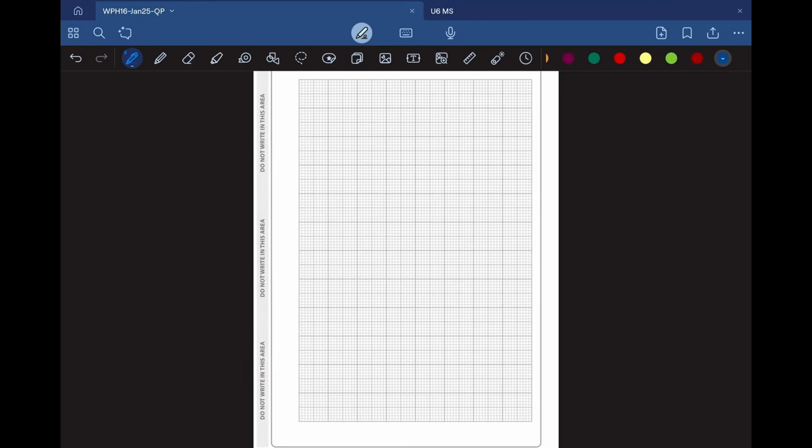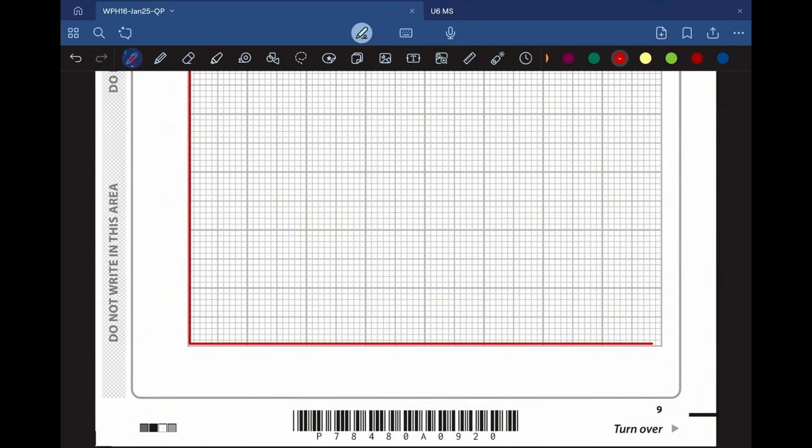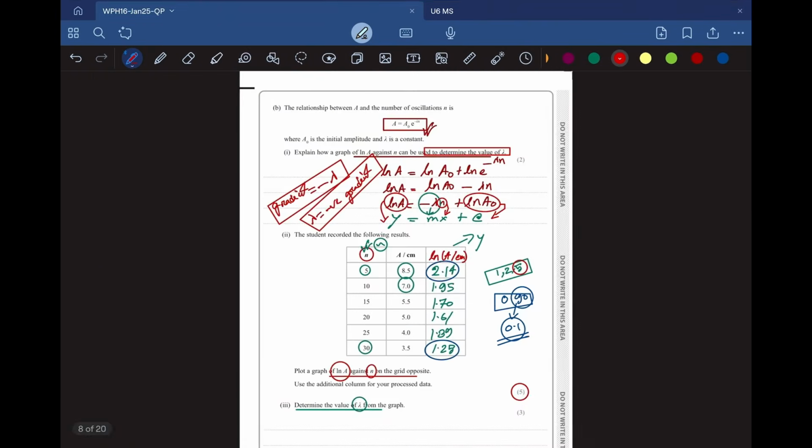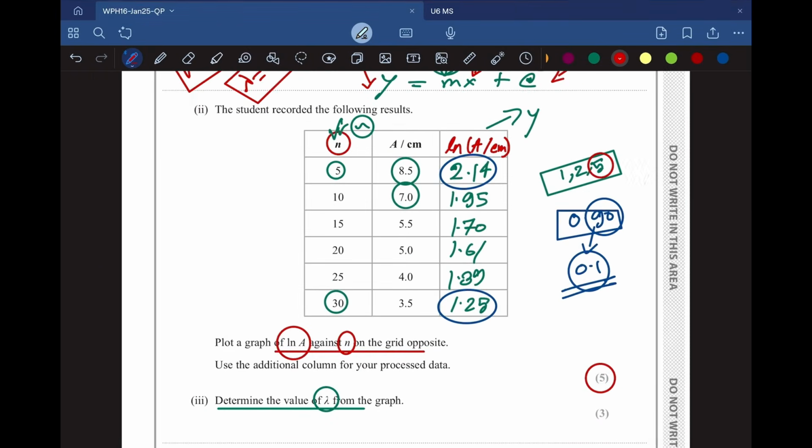Now we can draw the first line right here, which will be like this, and then let's draw the x-axis. This is going to be my 0 on the x-axis, and we know it starts from 5 and ends at 30.